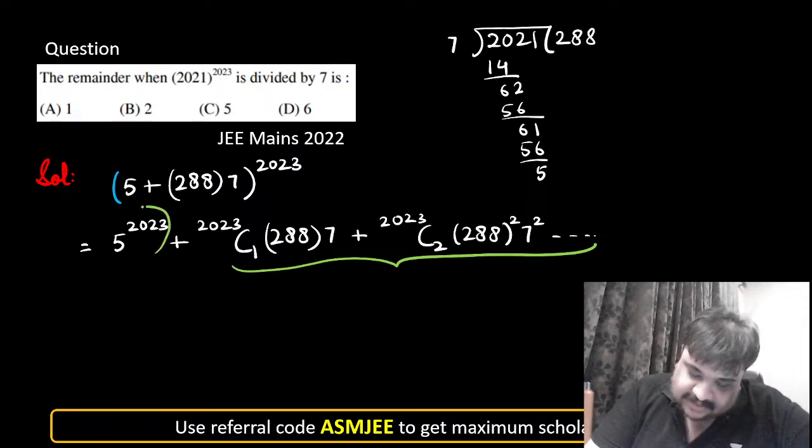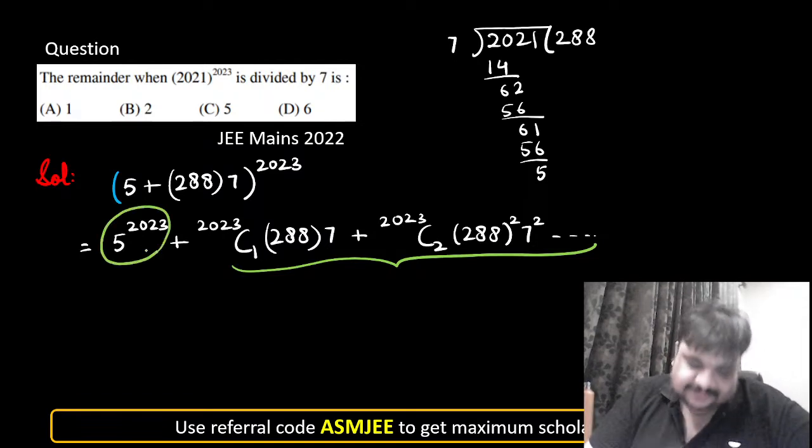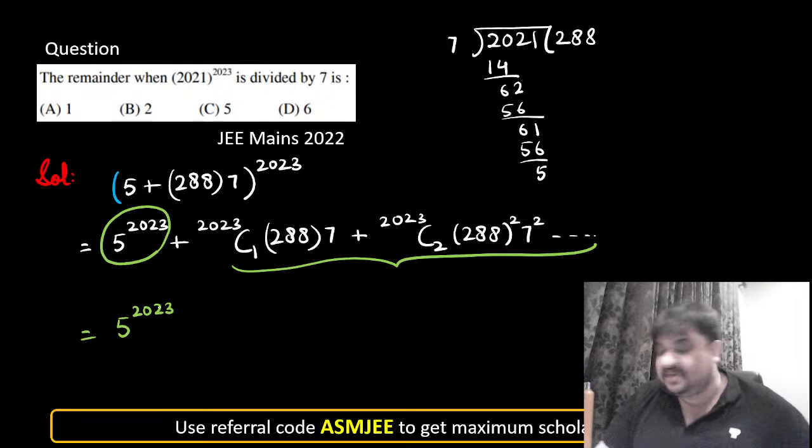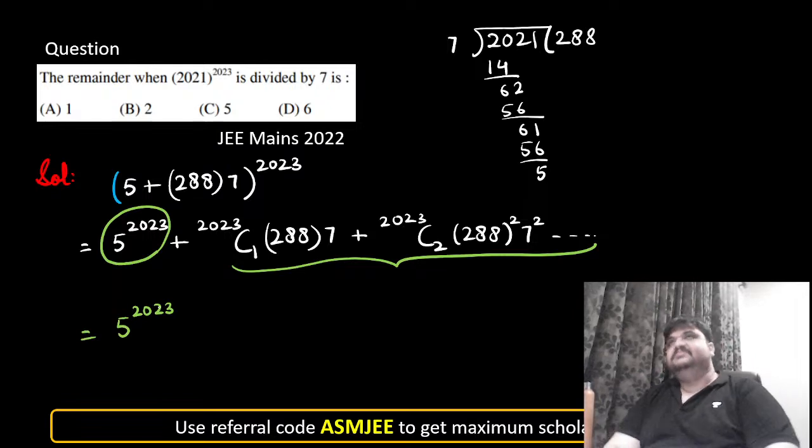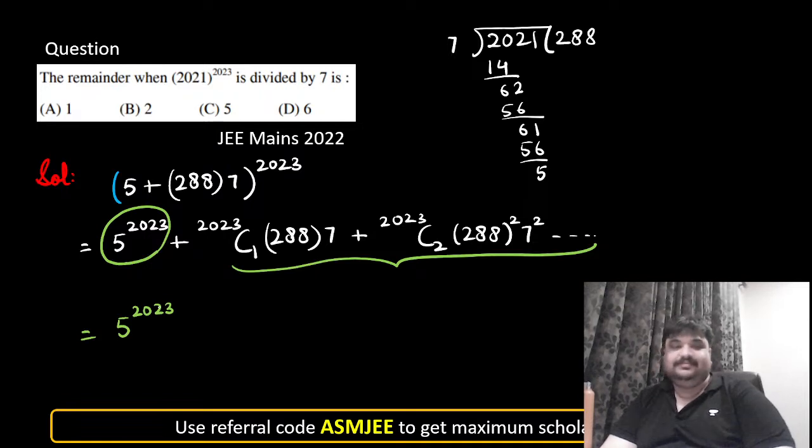So this is the only term that's left. But it's a very big term. It cannot be the remainder. So we'll have to manipulate this further.